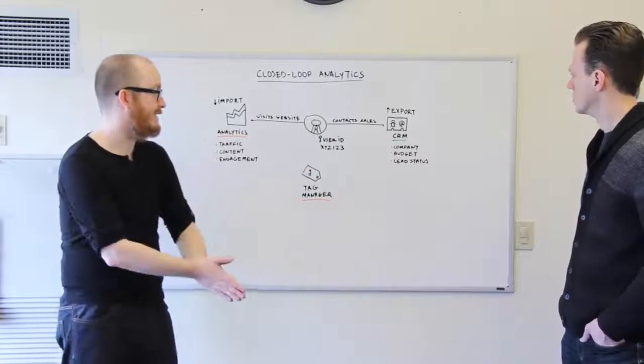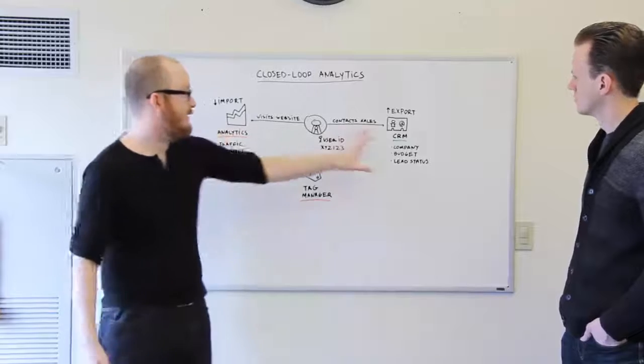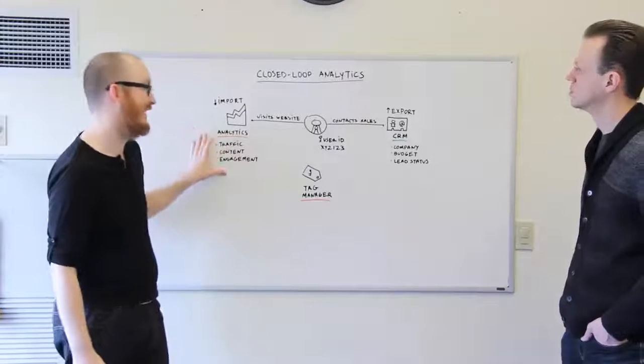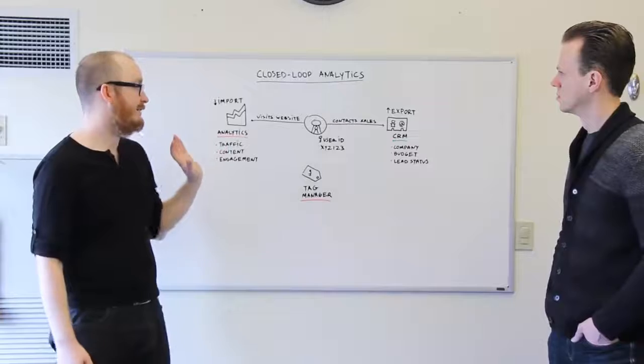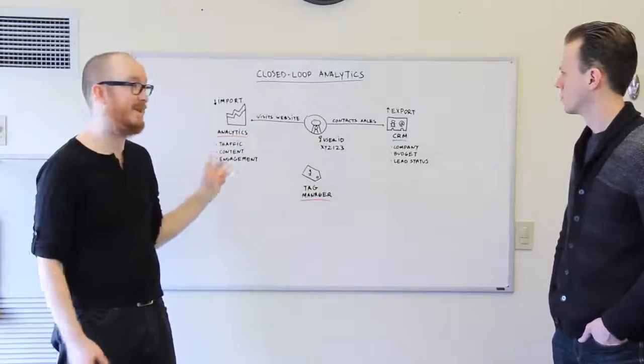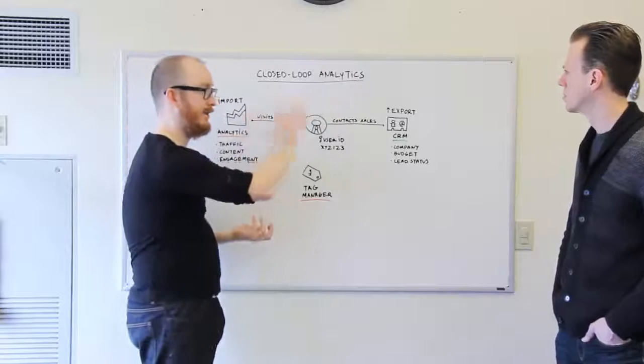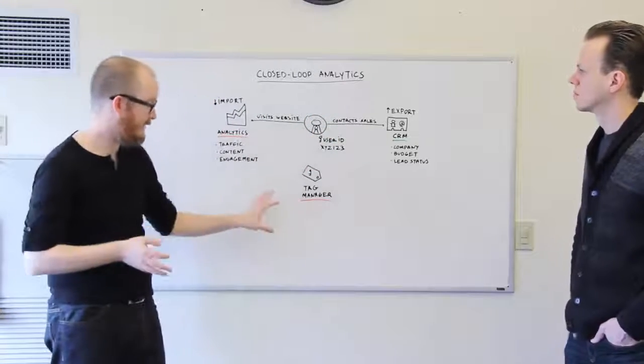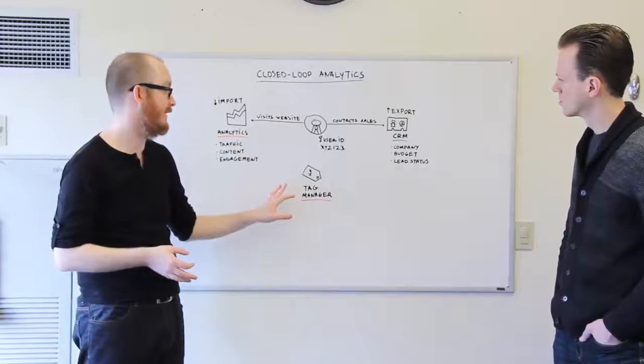Out of the box, these two systems don't play nice together. Even if you're firing both of the JavaScripts for the CRM and the analytics on your website, they don't naturally talk to each other. So that's where tag management comes in.